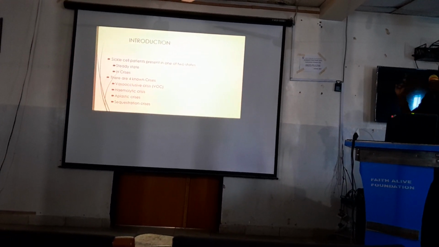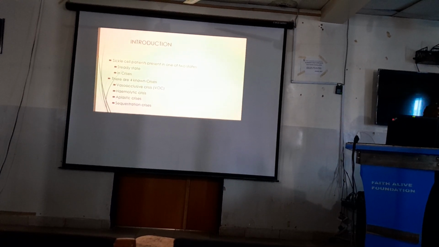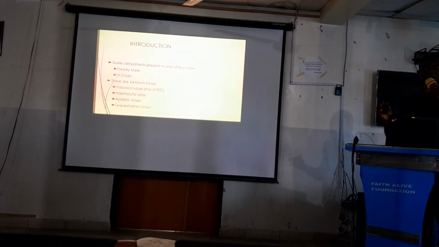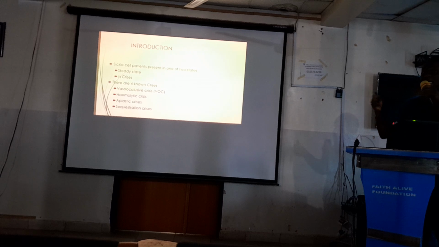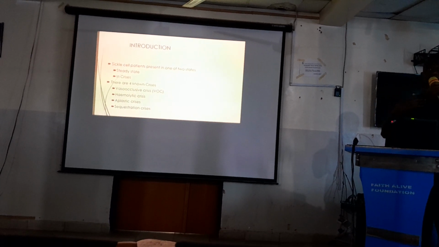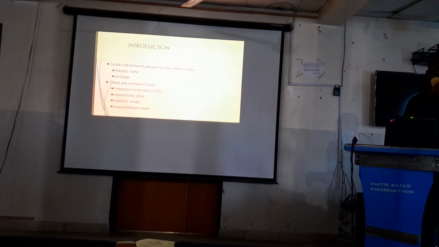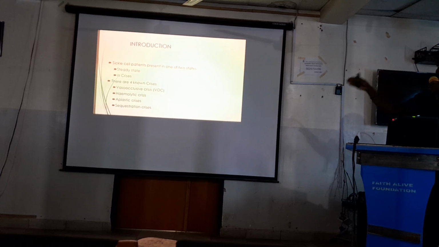Now, sickle cell patients. Okay, now we're using sickle cell disease. Sickle cell disease patients, they present in two states. They only present in two states: in steady state, that's where they walk about apparently healthy, or when they're in crisis. Okay? So when they're in crisis, it is one of the four.